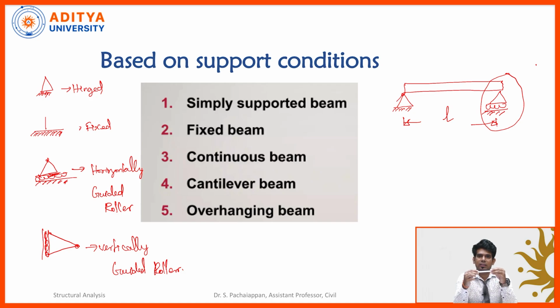Any material is going to elongate and then contract based on the temperature condition, because the material is subjected to the coefficient of thermal expansion. Now imagine this joint is pinned and this joint is also hinged or pinned. It is not allowing the beam to elongate in the axial direction. It will be subjected to a lot of stresses.